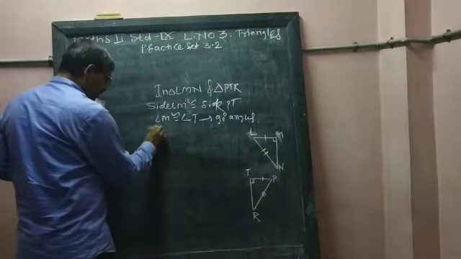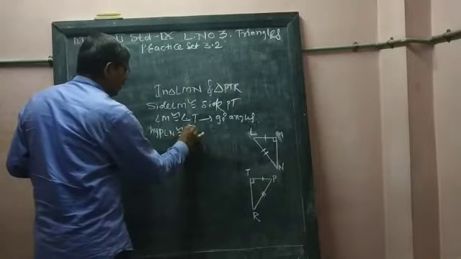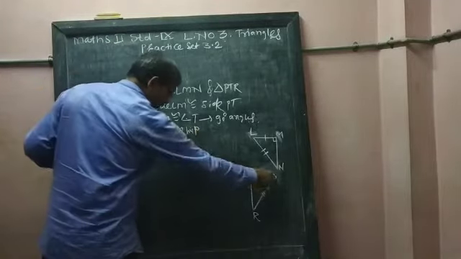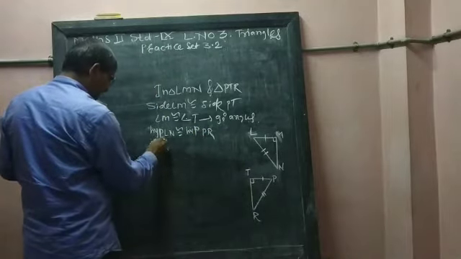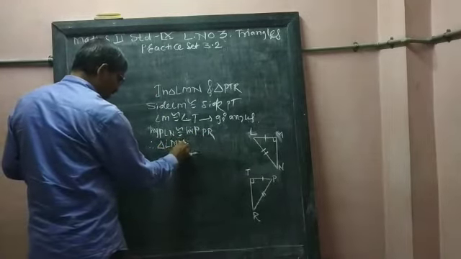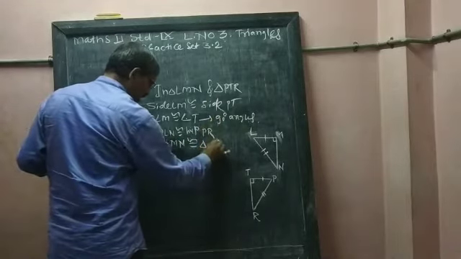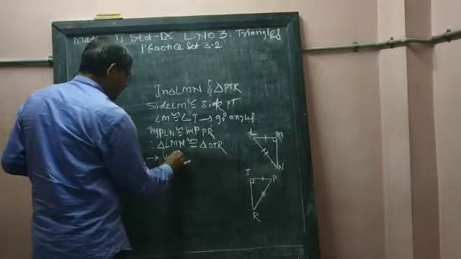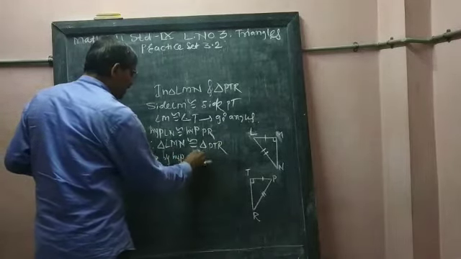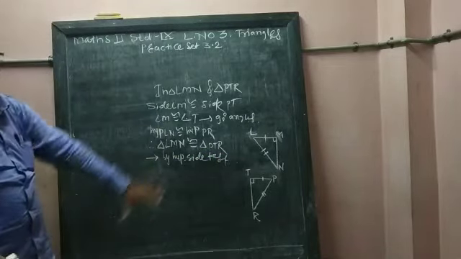Here I will write hypotenuse LN congruent to hypotenuse PR. Therefore, triangle LMN is congruent to triangle PTR. By which test? This is by the hypotenuse side test.